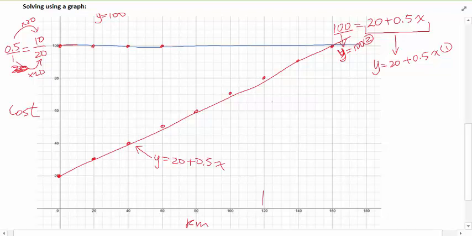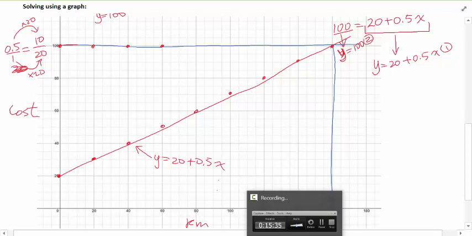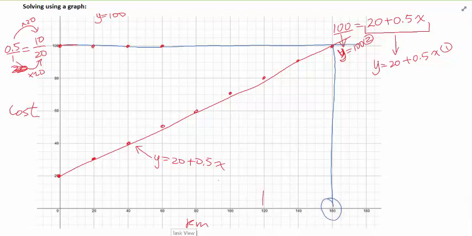Boom, right there. Oh, look at that. Can you see that number? What does it say? X is what? 160, you see? Okay, so x is equal to 160. That's the solution to your equation. Is that okay?